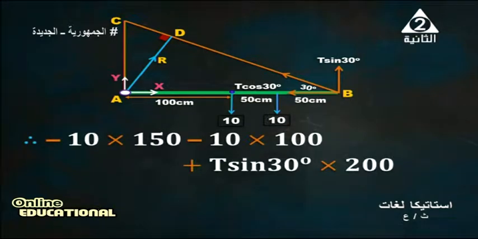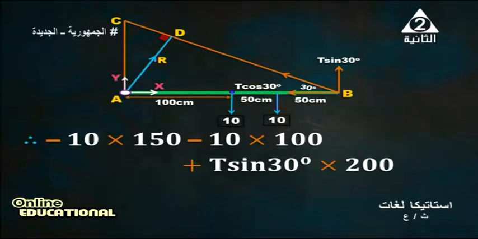How many forces do we have? We have 3 forces: 10, 10, and tension T. The first 10: negative 10 times 150, the distance between the weight of the rod AB and the point A. The second: negative 10 times 100.